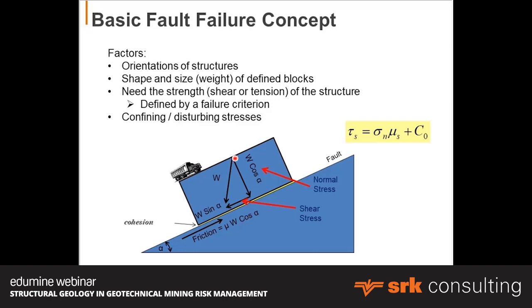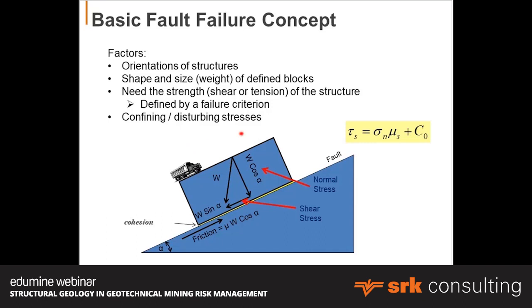What's causing or driving the failure is the weight component in the direction down the face, in parallel to this particular fault surface, okay, as well as any other disturbing force, whether that is earthquake seismicity, blasting, or perhaps even machine equipment.